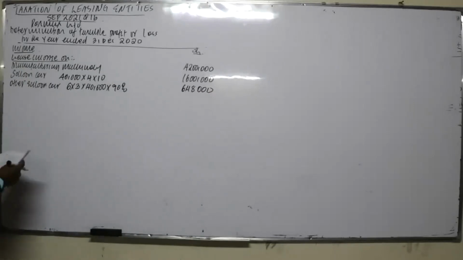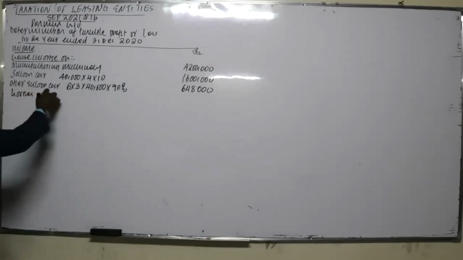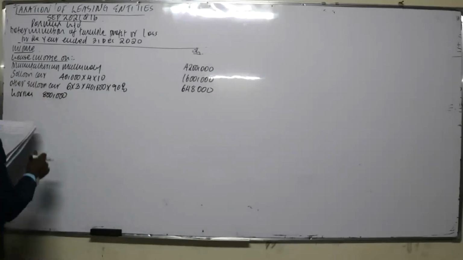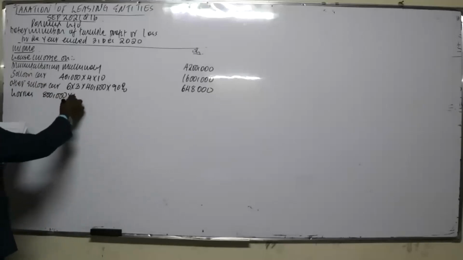Bullet 4. 5 lorries to Earth Limited at an annual lease of 800 per lorry. So you multiply by 5.